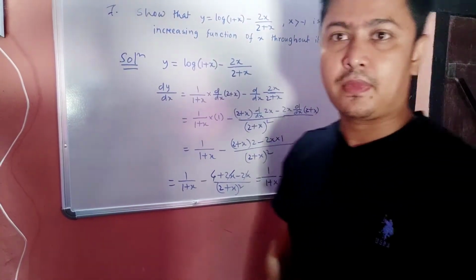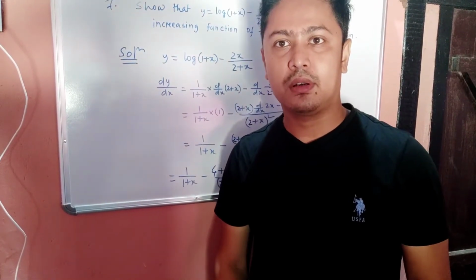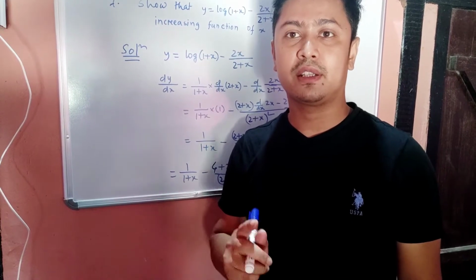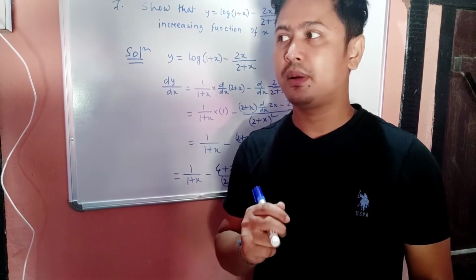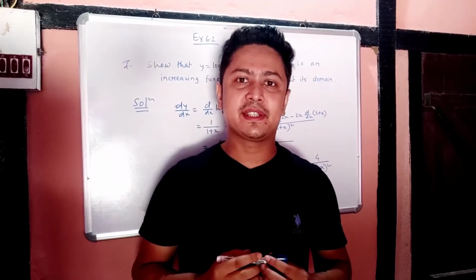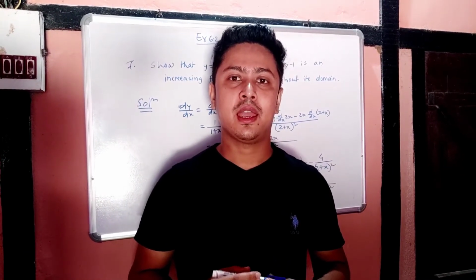So this question can be done by following the 3 steps mentioned in the previous videos. In the first step, we differentiate the function with respect to x, then equate it to 0 to find the critical points.